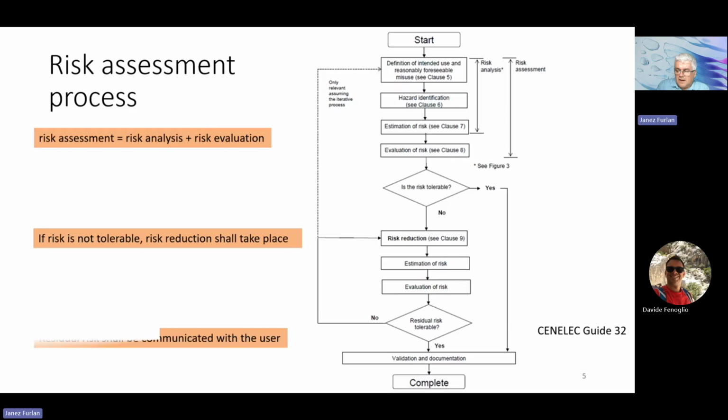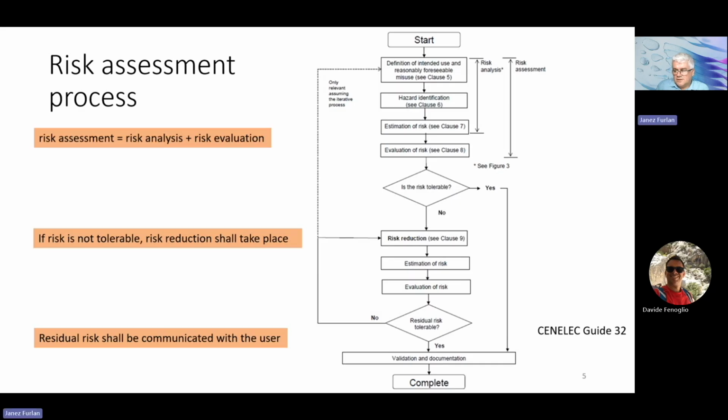At the end of such evaluation, we will find out where we know that we have done enough in the risk mitigation, or risk reduction, phase, and stop with our efforts and say, okay, our product is safe enough, we can place it on the market.